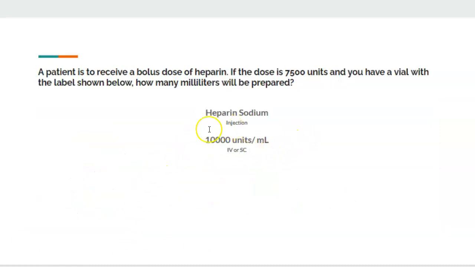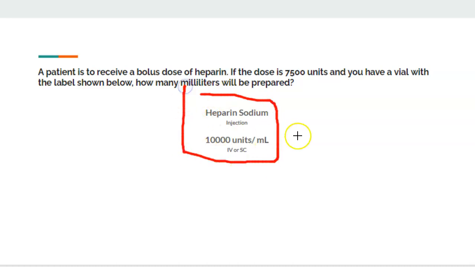If we're working with units. So this is heparin. Heparin's a medication used as a blood thinner if somebody comes in with a stroke. So we want to thin out their blood because they're clotting too fast. Our patient is to receive a bolus dose of heparin. If the dose is 75 units and you have a vial, here's what we have on file, 10,000 units per milliliter. How many milliliters would you prepare?